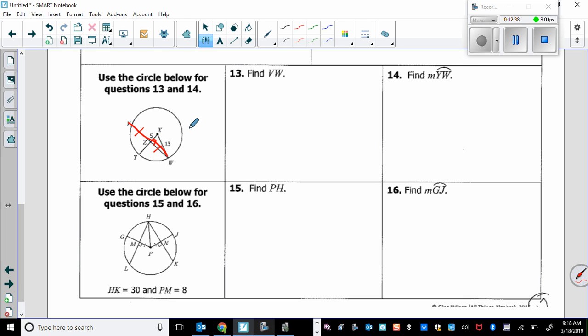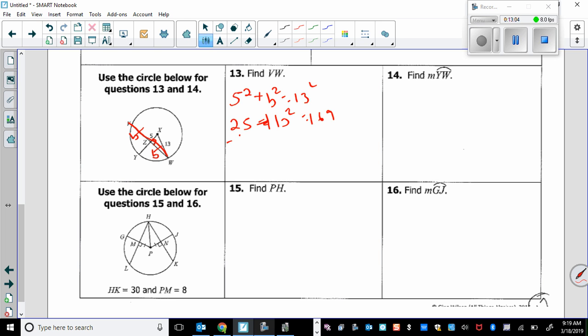So we're going to use a squared plus b squared equals c squared. So we have 5 squared plus this, I'll just call this b, equals 13 squared. All right, 25 plus b squared equals 169.